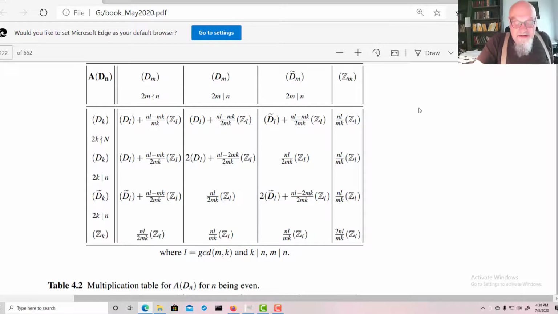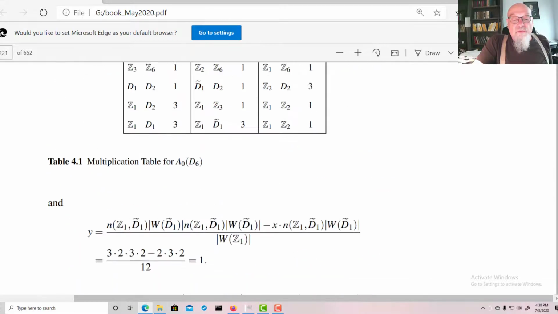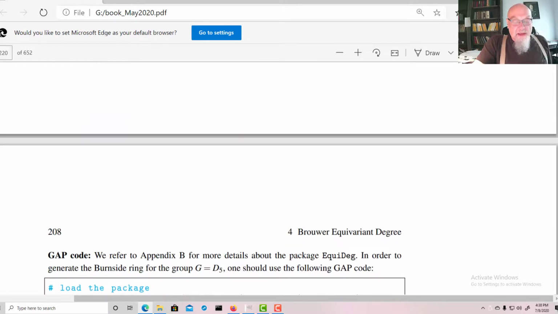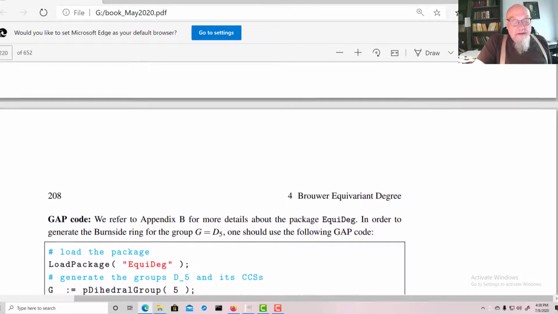Okay. So now, of course, I mentioned to you that we can use the program in order to do the computations on the Burnside ring. So let's go to the program.